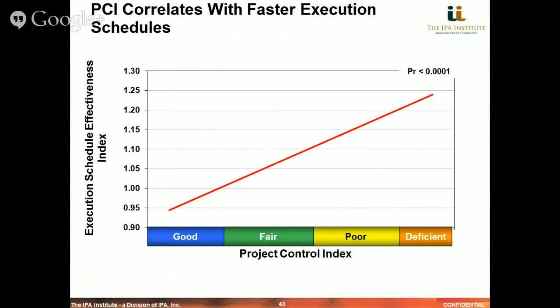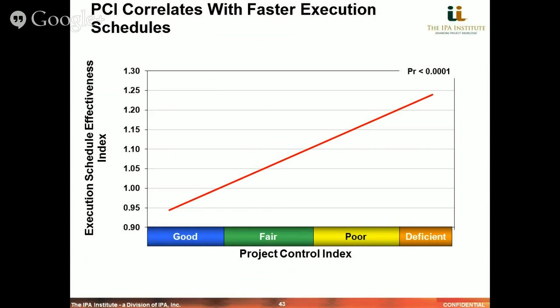Now, when we look at the project controls index and gauge that against schedule performance using the IPA schedule effectiveness index, we can see that there is a strong correlation between the project controls index, using these descriptive terms for each of the levels of quality on our PCI, good, fair, poor, and deficient, and the schedule performance.